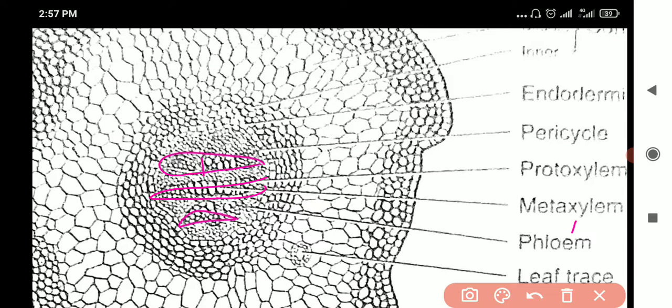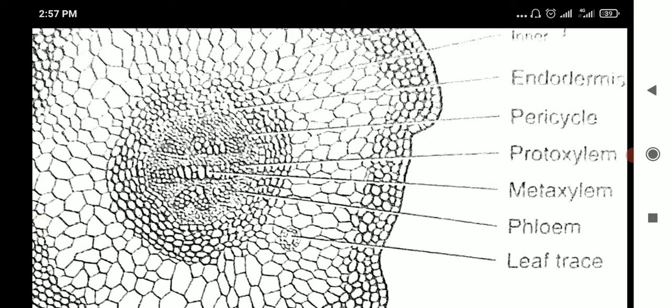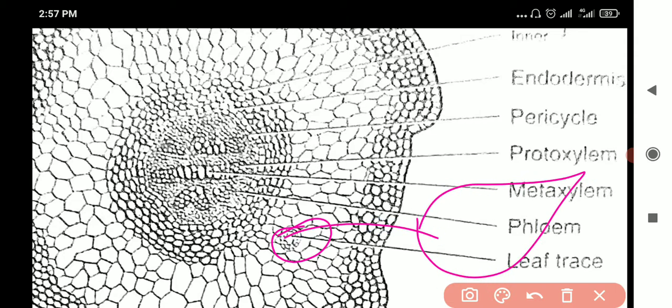These big ones are your metaxylem and these small ones are your protoxylem, and surrounding it is the phloem. This is nothing but your plectostele. But something else is present here known as a leaf trace. Leaf trace means a leaf will come out from here. This is the vascular bundle which will go into the leaf and follow till the midvein. So I think you understand what leaf trace means.